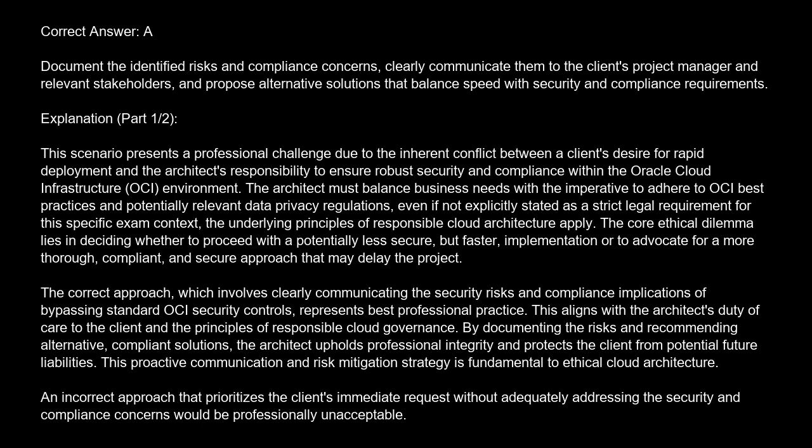This aligns with the architect's duty of care to the client and the principles of responsible cloud governance. By documenting the risks and recommending alternative compliance solutions, the architect upholds professional integrity and protects the client from potential future liabilities. This proactive communication and risk mitigation strategy is fundamental to ethical cloud architecture.